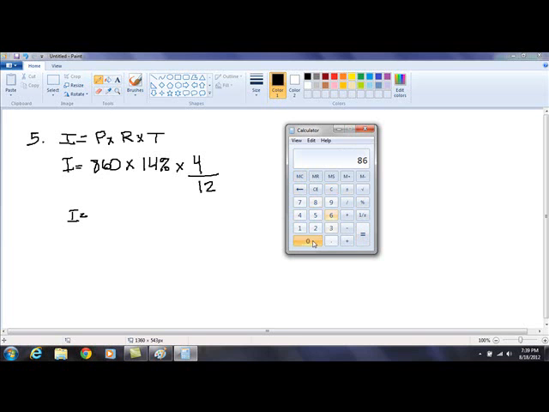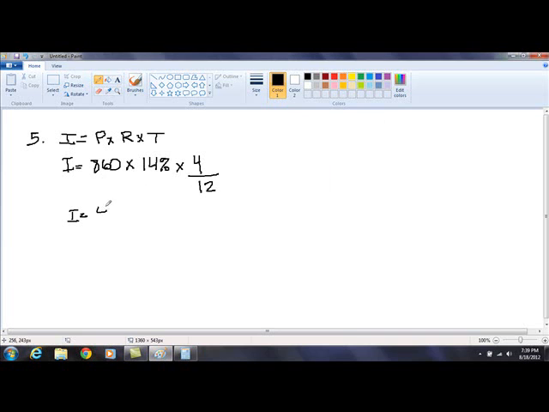I'll have to do 860 times 0.14 or 14% times 4 divided by 12. So my interest for this one is $40.13.